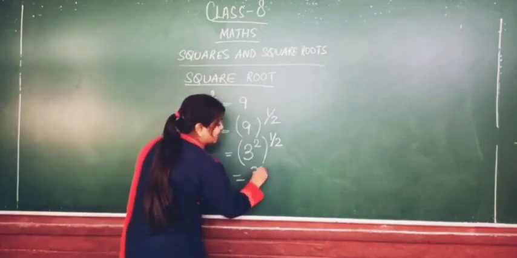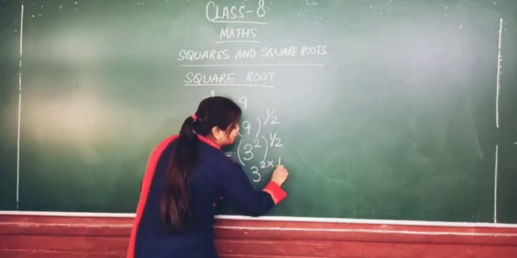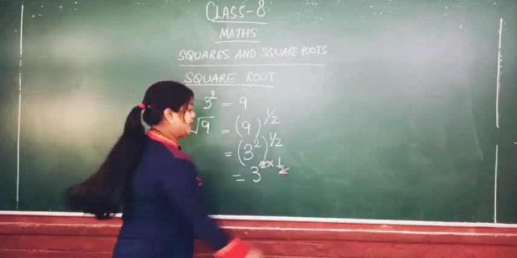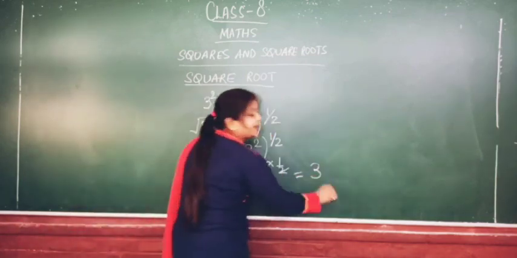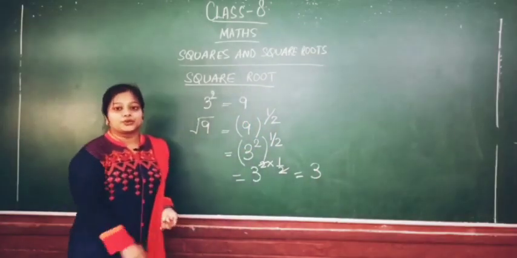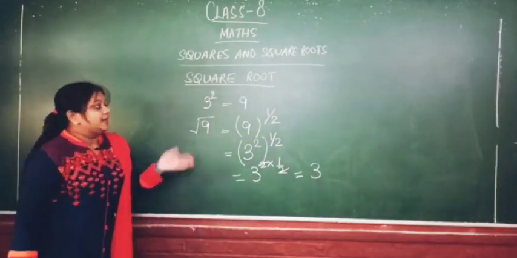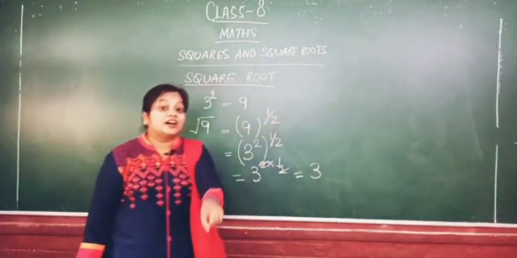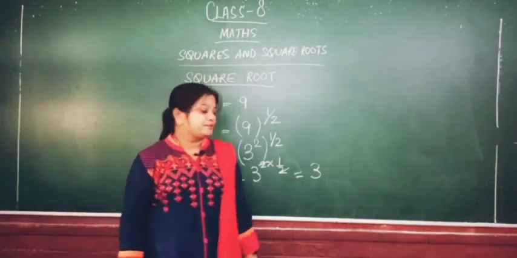So we'll get 3 raised to the power 2 into 1 upon 2. And 2 and 2 is cancelled, and we'll get 3 as our square root. That's why we say that square root is inverse of square.